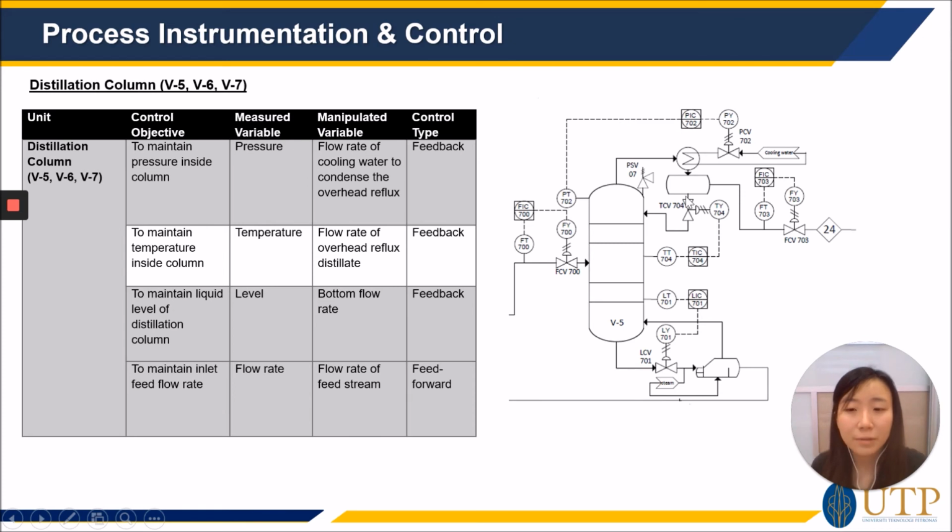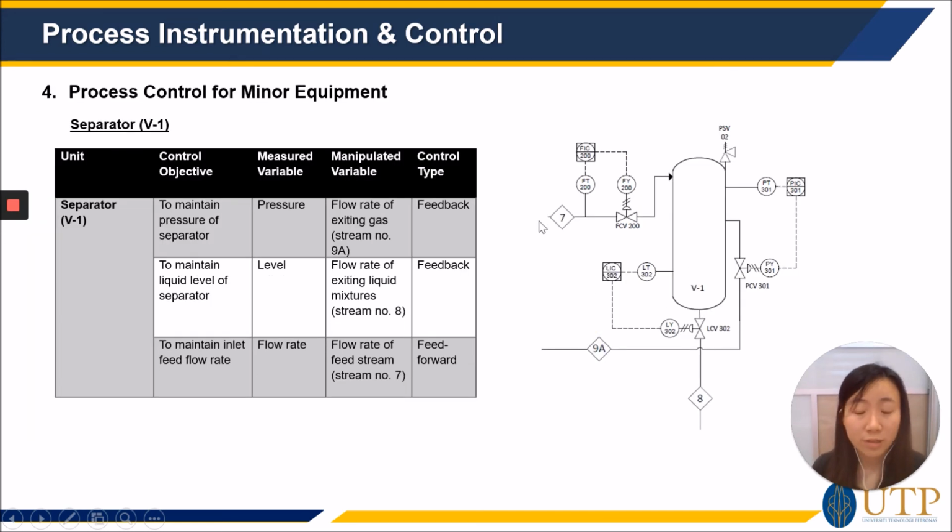Then we maintain the temperature inside the column by manipulating the flow rate of the overhead reflux distillate. To maintain the liquid level of the distillation column, we adjust the bottom flow rate. And lastly, to maintain the inlet feed flow rate, similarly, we adjust the flow rate of the feed stream by feed forward control.